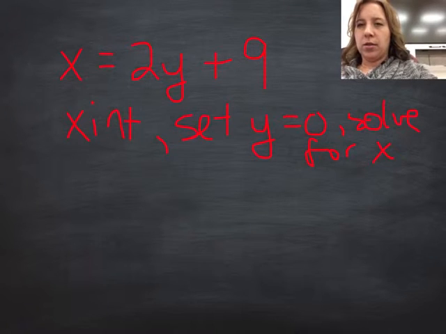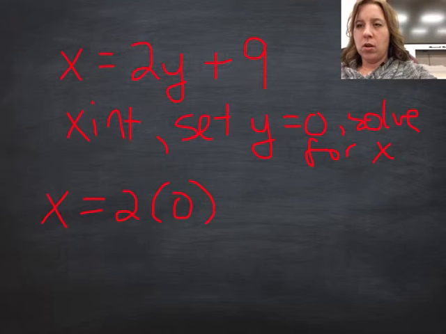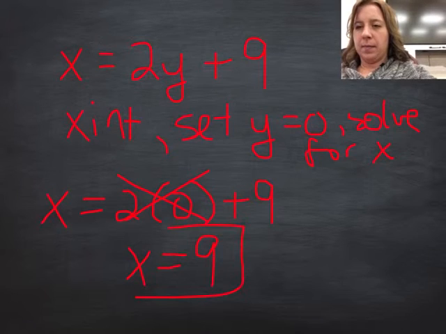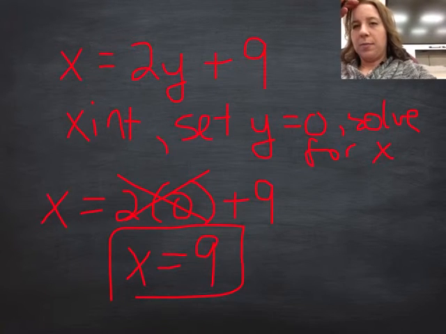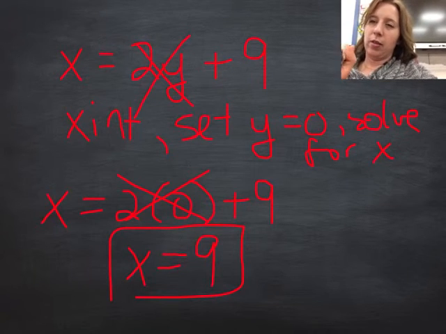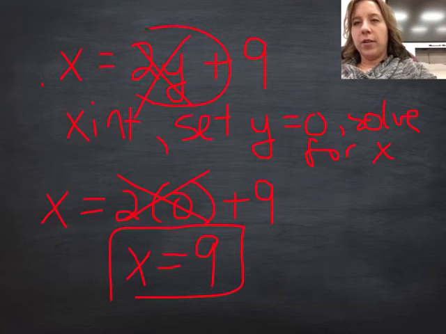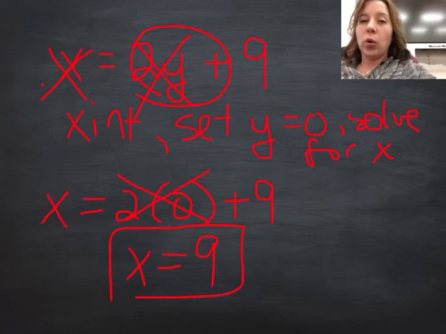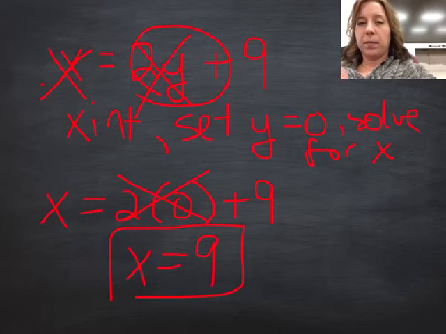So y now turns to 0, so I'm going to have x equals 2 times 0 plus 9. This is going to cancel off, and my x-intercept is going to be 9. Okay, so it's basically the opposite. If you want to find the x-intercept, you set y equal to 0. If you want to find your y-intercept, you set your x equal to 0. It totally depends what you're trying to find out.